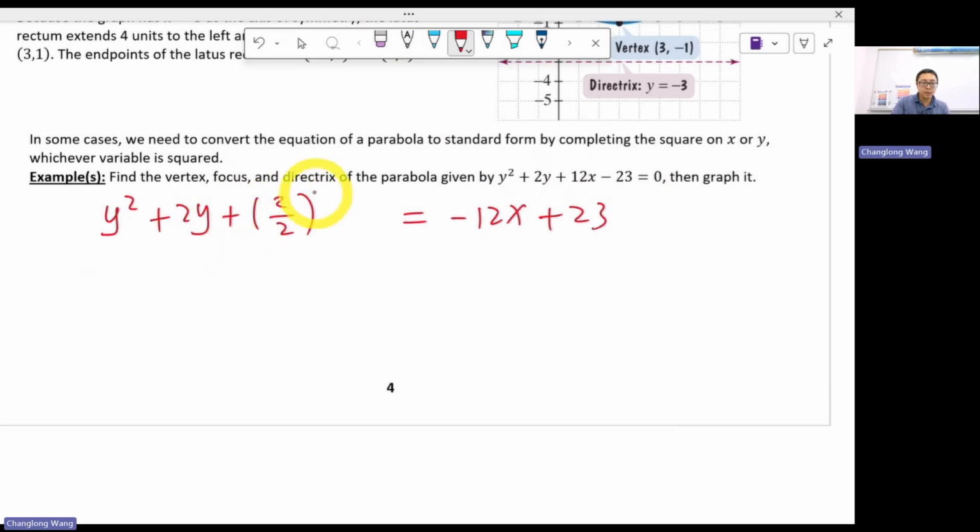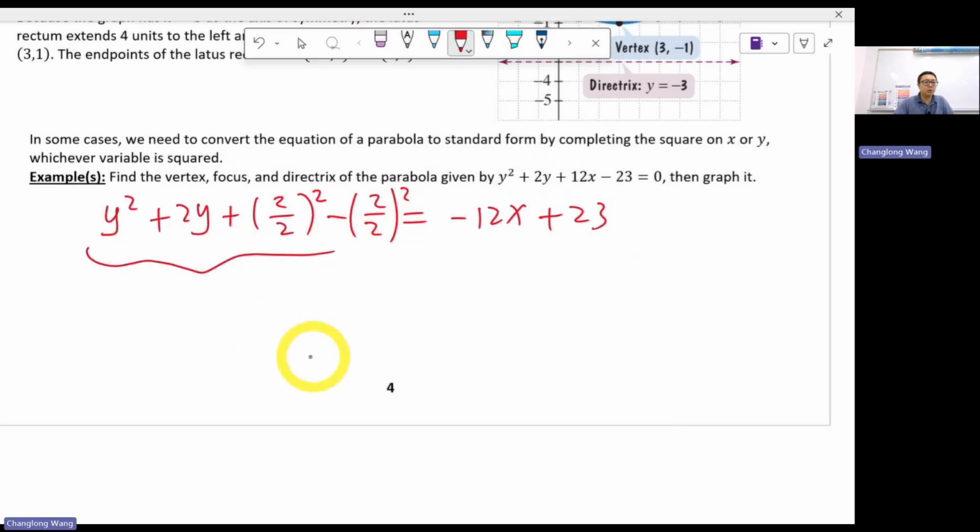So 2 over 2, and don't forget that once you add a number, to balance it out, subtract it off right away. Right? So that means now you still have the same equation, even though it looks different, but it's the same as before.